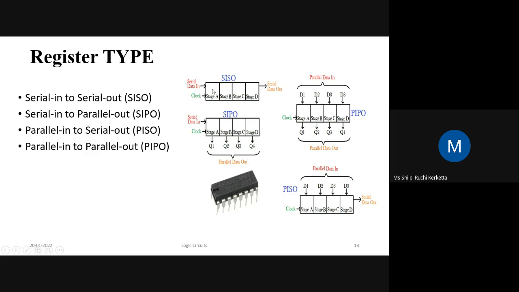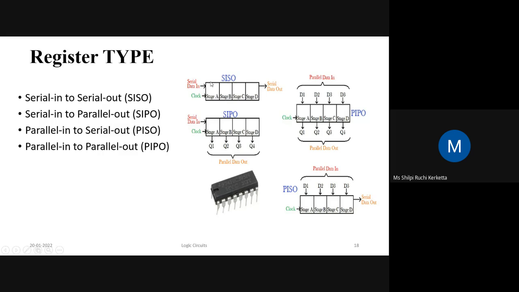With each clock, usually we are using right shift only. So with each clock, it will shift like this, and one bit will come out. So this is serial in, serial out, serial wise. Like if I make a queue of all the people, and each person has to go and book a ticket.